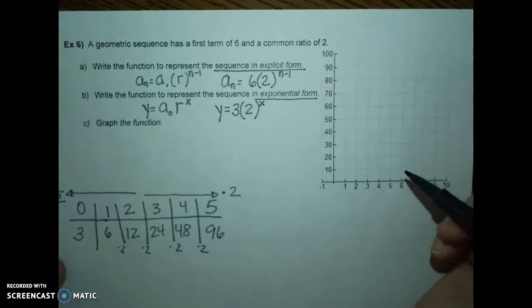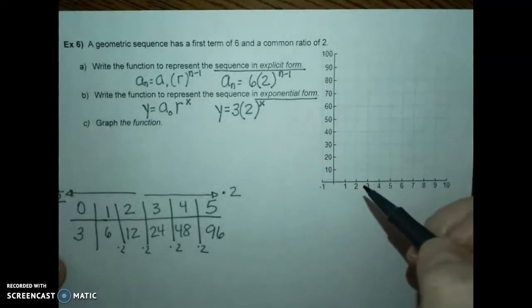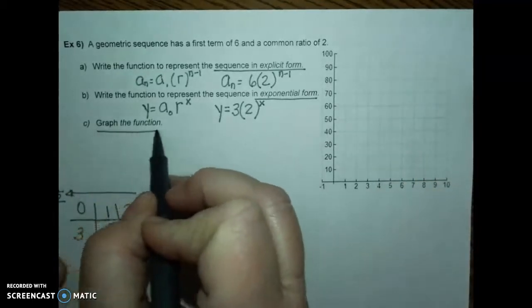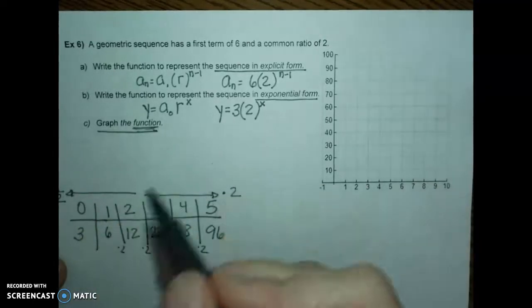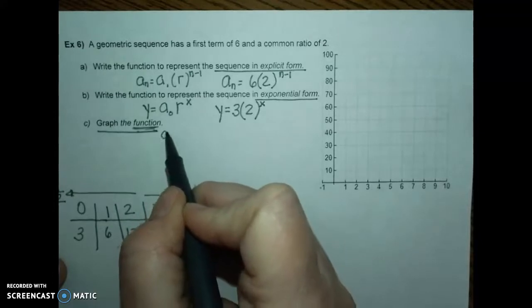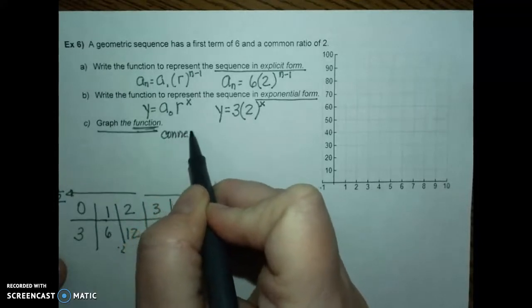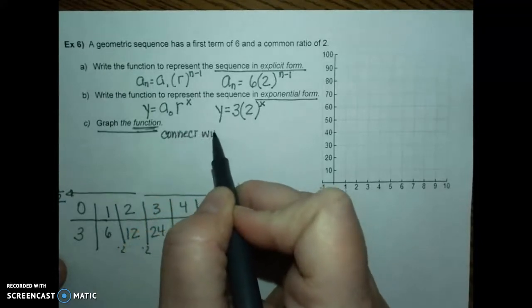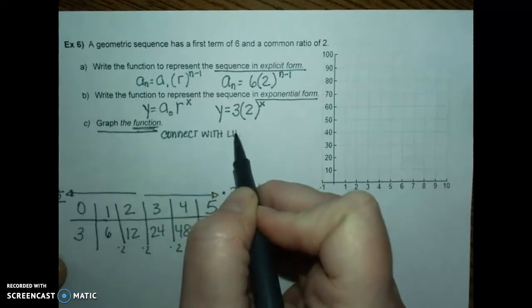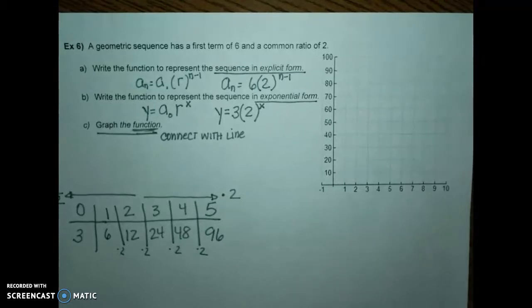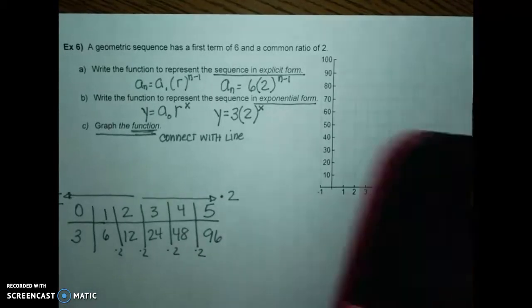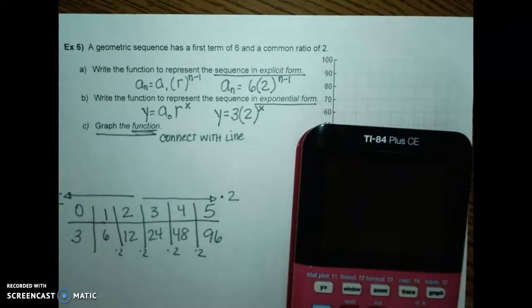All right, it says graph the function. Function means graph all the points. I didn't give you any limitations, so we're going to connect them together. These notes are on an earlier page, so go back and double check them if you can't remember what I'm talking about. Let's look at this real quick.